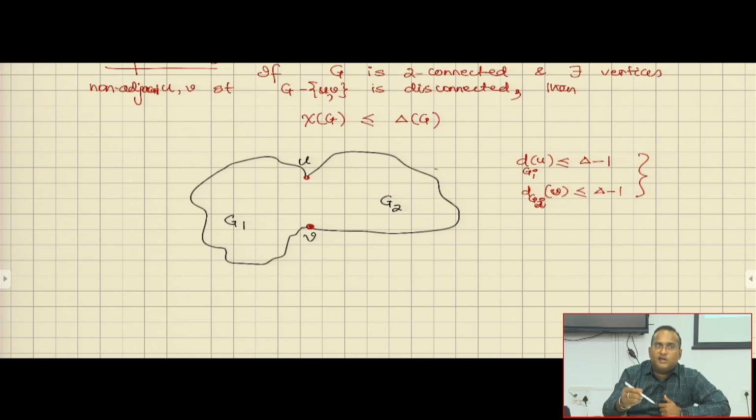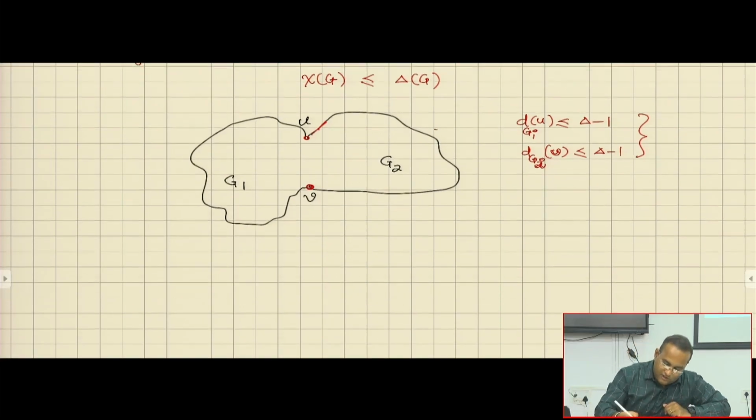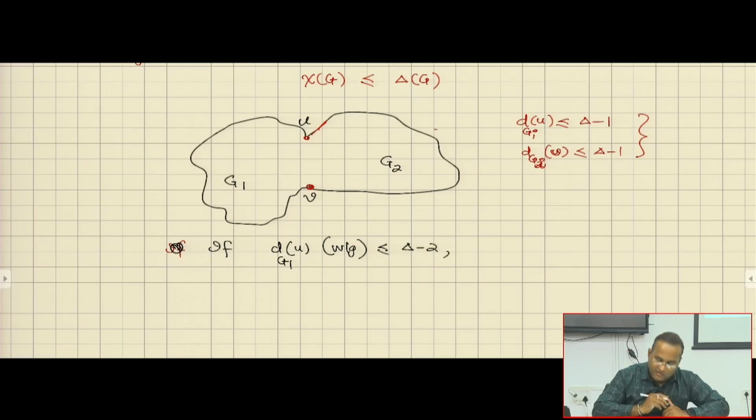So suppose they are of degree delta and they are forming the 2-cut of the graph, then what is the problem? Their degrees may be delta minus 1 here also. So what will happen if the degree of U in G1, without loss of generality, is less than or equal to delta minus 1?